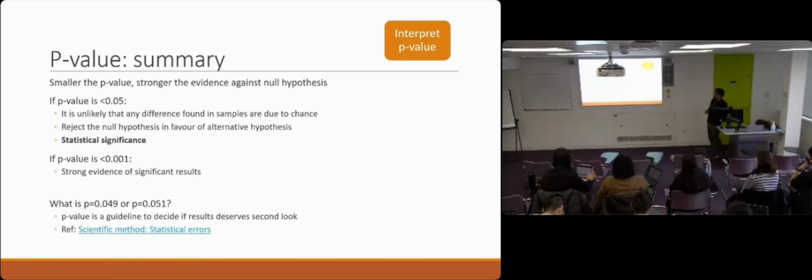Okay, p-value in summary, we just go with one cutoff, 0.05, some go with 0.001 for 99% confidence, and when we have this, we actually use the word significant or statistically significant. So we do not use the word significant until we actually find statistically significant evidence that two things are different, right?